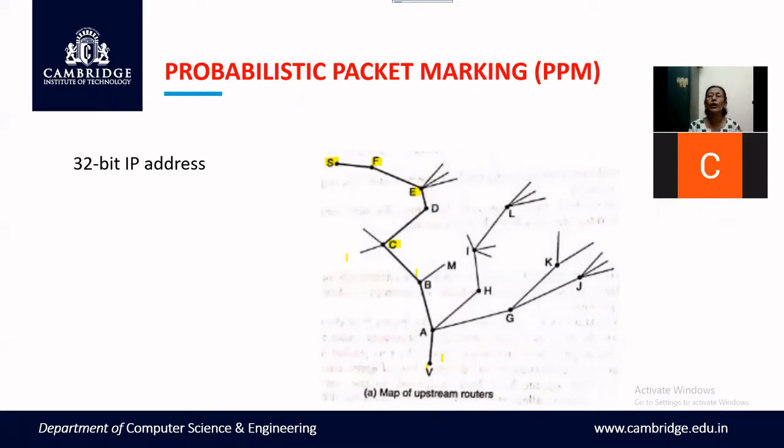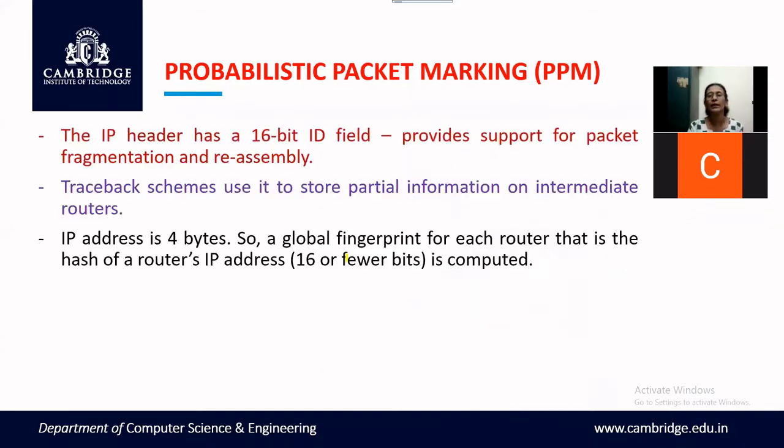This overhead on every packet is very high, which is not at all acceptable. We don't want very high overhead on the header. So what is the alternative? In the IP header, we know that we have a 16-bit ID field. This supports packet fragmentation and reassembly. What is packet fragmentation? All this we have studied in networks.